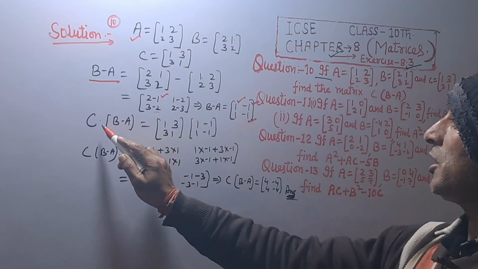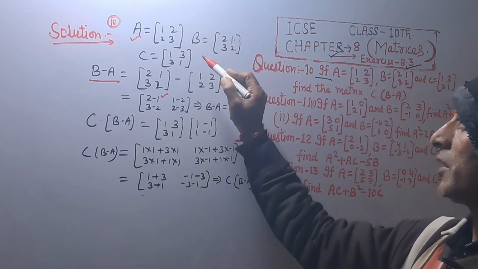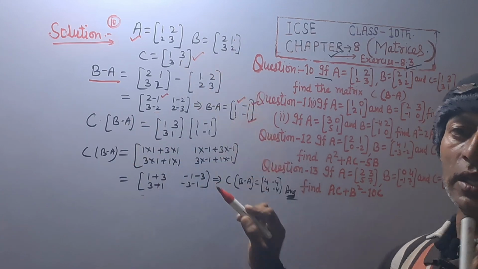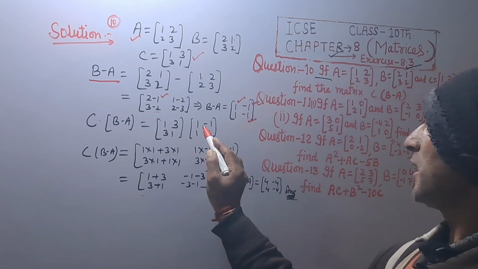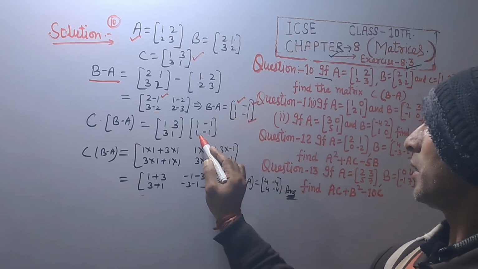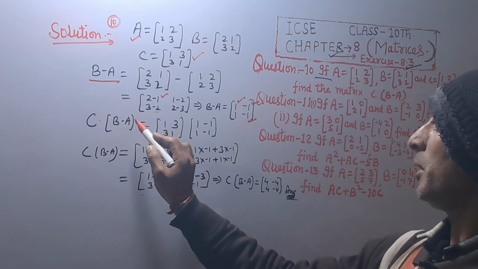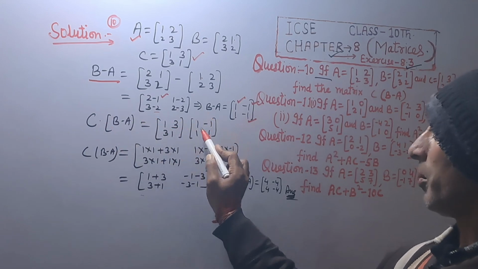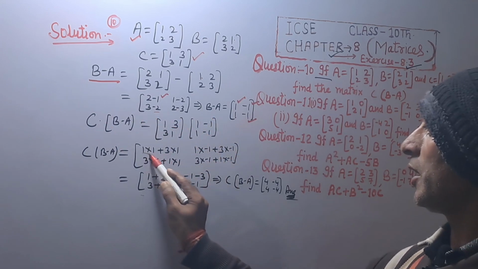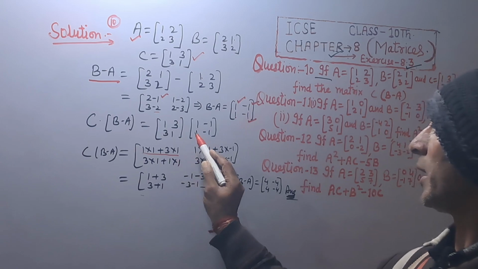And we find C into B minus A. Given C is [1, 3; 3, 1], and B minus A is [1, -1; 1, -1]. Product of C into B minus A, that is first row multiplied by first column, 1 into 1 plus 3 into 1.